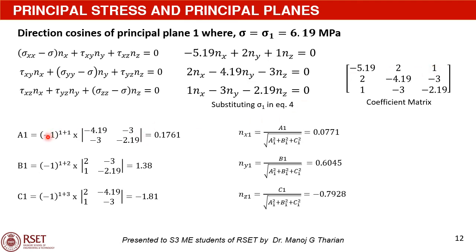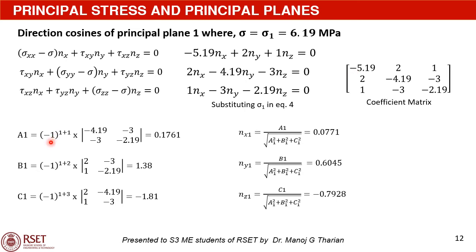Now, the cofactor a1 is equal to minus 1 whole raised to i plus j. For a1, for this first element, i is equal to 1, that is row number equal to 1, and j is equal to 1, that is column number equal to 1.